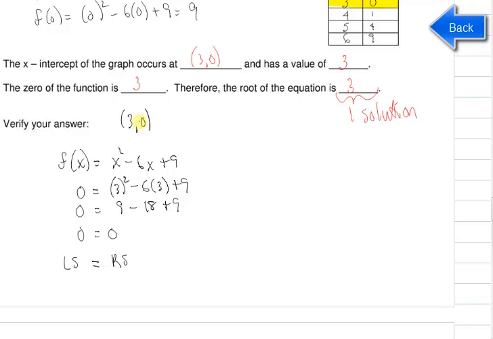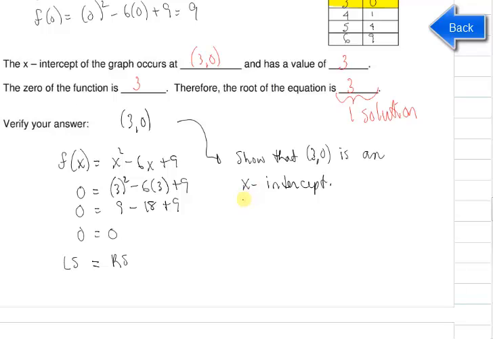And another way that we want to look at this too is we want to show that 3, 0 is an x-intercept.